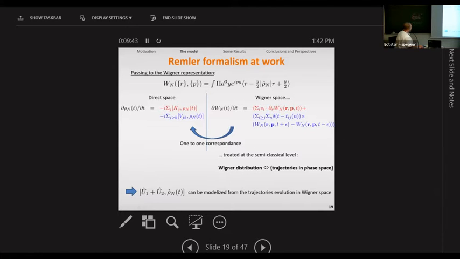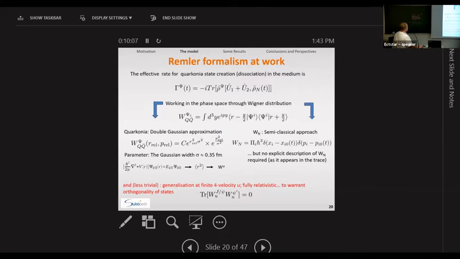So you're just taking the difference between the Wigner density after the modification of the trajectories. So this rather complicated commutator reduces to the Wigner densities of J/psi.